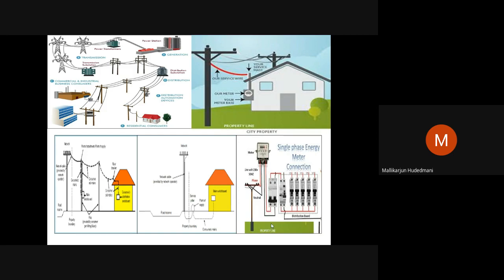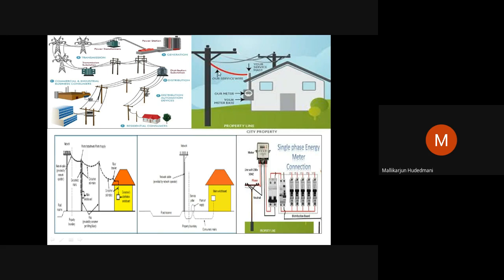Once we receive the power, the reception point is our discussion. Look at the point in image number 1, in the top left corner, the last pole and the house. Domestic wiring begins with the delivery of power to the house. How this power is drawn from the supplier pole to the house is the discussion we are going to begin. Then look to the right hand top corner.